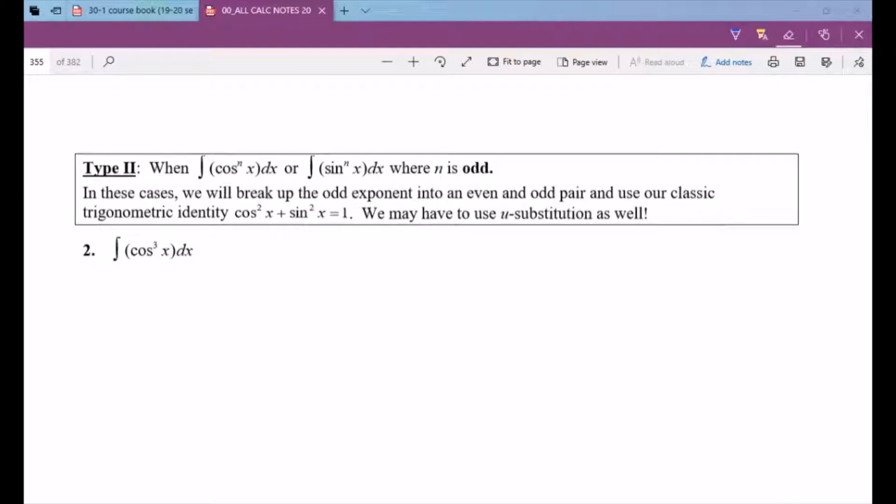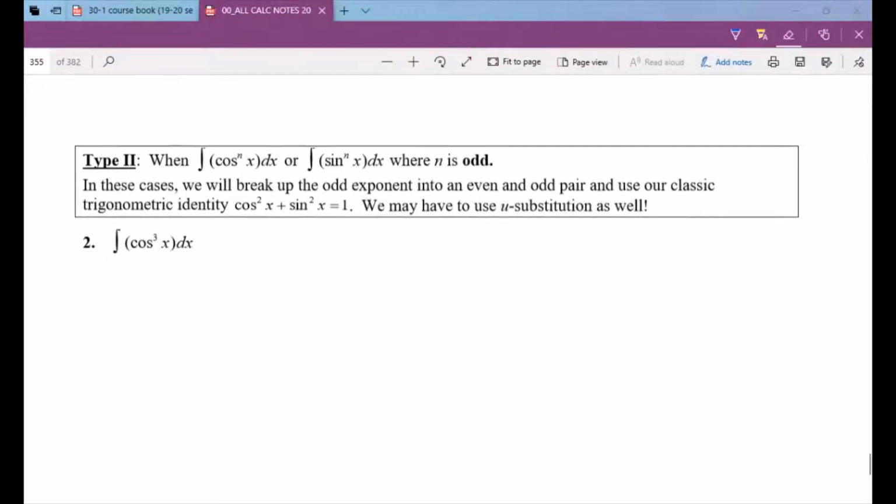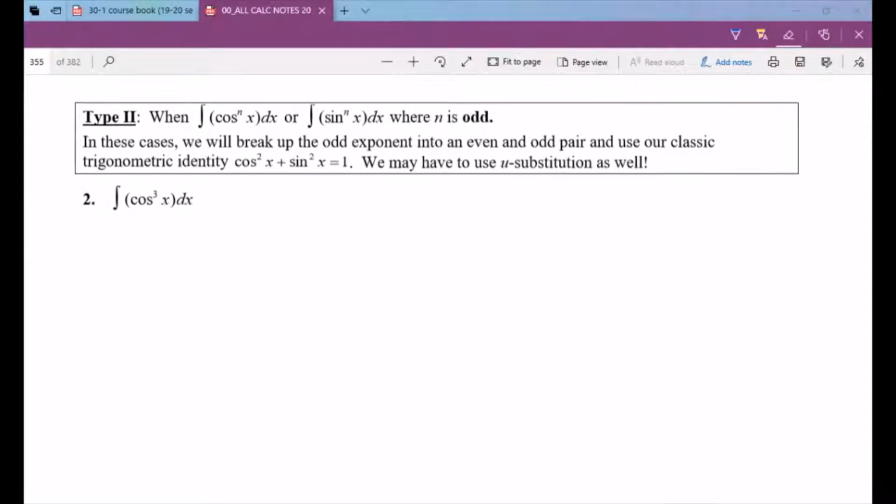Type 2. If you're trying to integrate cosine, or if you're trying to integrate sine, where your exponent on that is odd. So in these cases, you either have the integration of, in this case, cos cubed, or if we had just sine cubed, what we're going to do is use our trig identities.